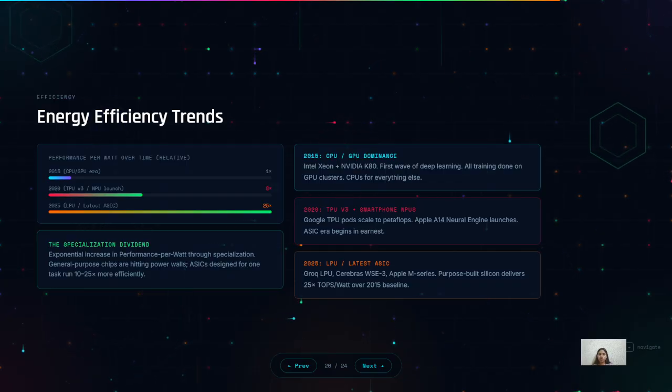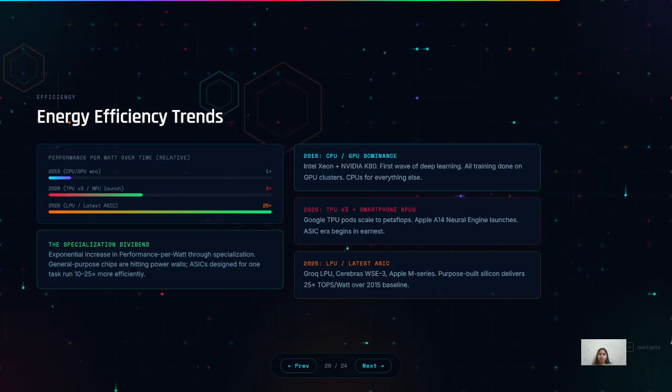We have some case studies, some previous examples. In 2015 we had CPU and GPU dominance, Intel Xeon and Nvidia K80, the first wave of deep learning, all training done on GPU clusters, CPU for everything else. In 2020 we had TPU v3 and smartphone NPUs.